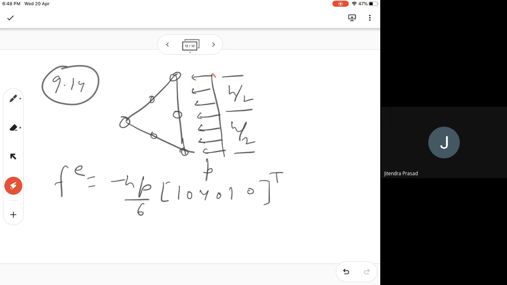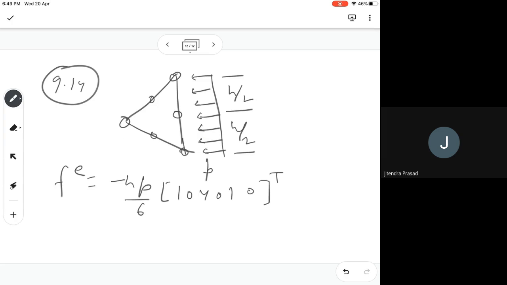So for this pressure, it is asking the force vector will be like this. And then you have to assemble the element force matrix to obtain the global external force F in the nodes 1 to 5 as shown in figure 9.23b. So this you have to show for this one, and then again same problem.